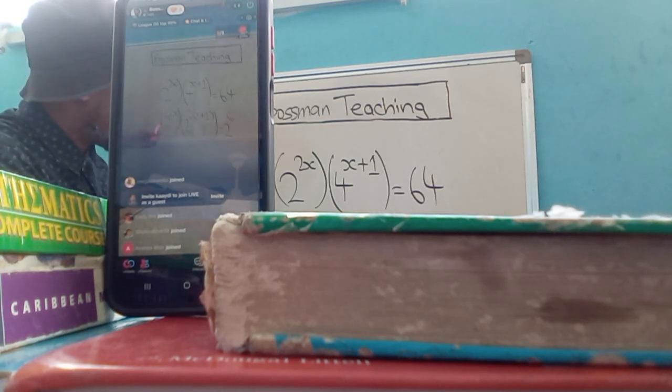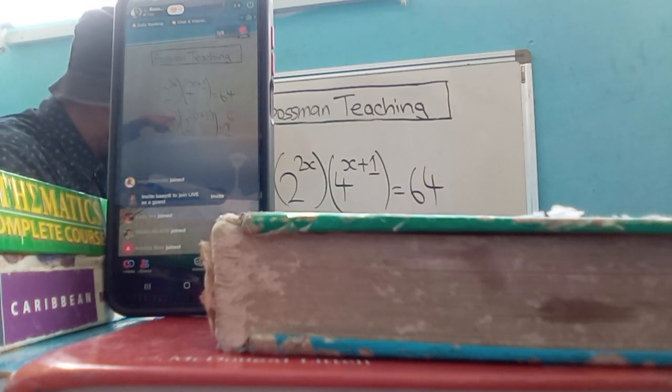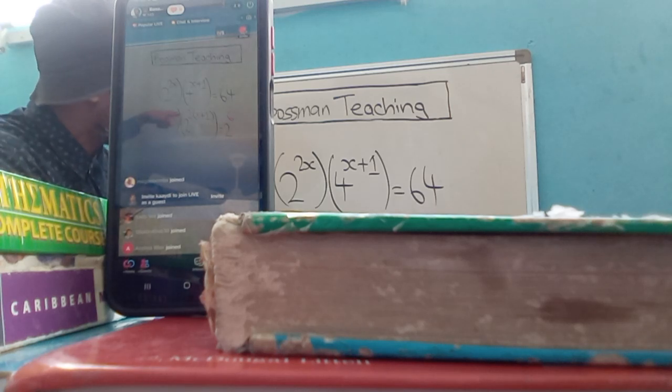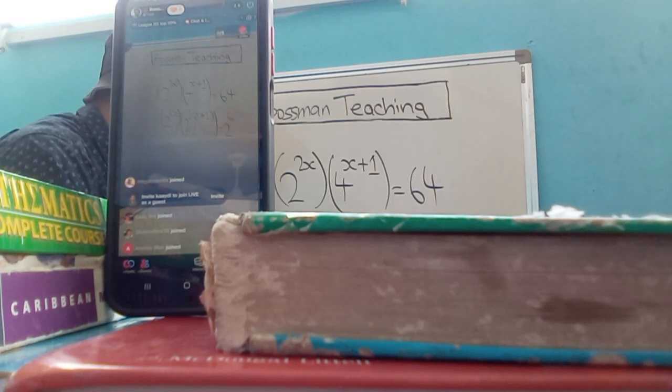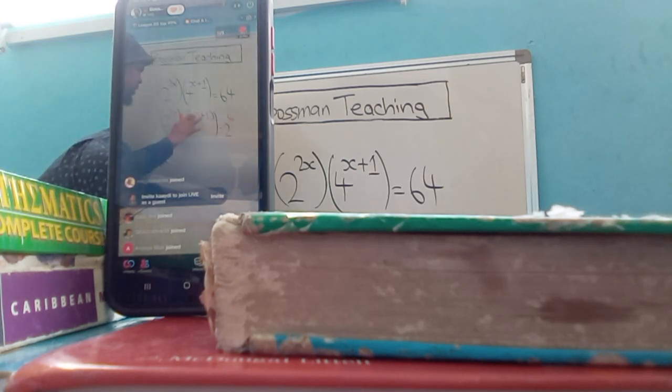Now, the rule when you multiply with the same base is that you add the powers. So this is going to be 2 raised to the 2x plus 2x plus 2, because this is 2 times x, 2 times 1.